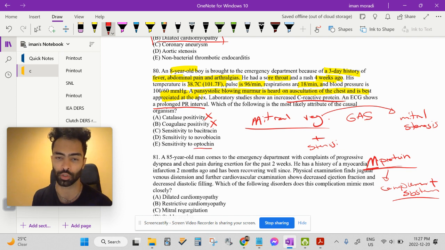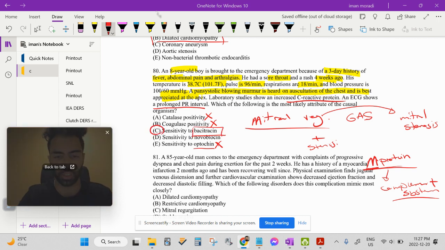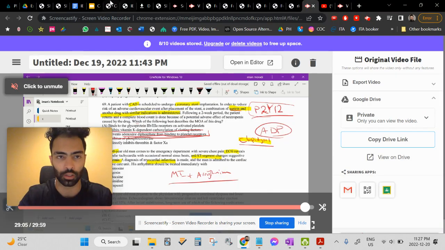When you're talking about optochin, we're talking about pneumococci versus viridans species. Viridans are optochin resistant, and pneumococci are optochin sensitive. When you're talking about strep, you're talking about bacitracin. I know it comes up multiple times, but I'm still going to check, I might be wrong.